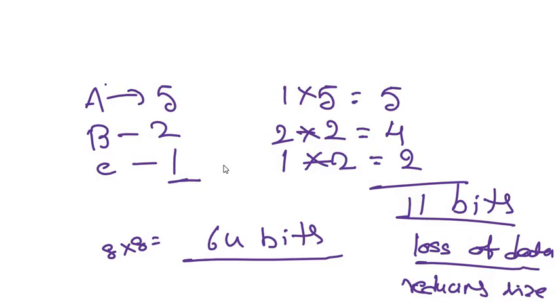This is the way to construct a Huffman tree, and this is the way to calculate the total number of bits to transmit. Let us see what are the applications of the Huffman tree.